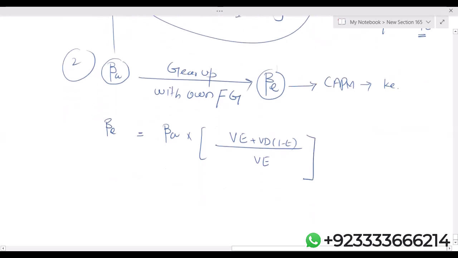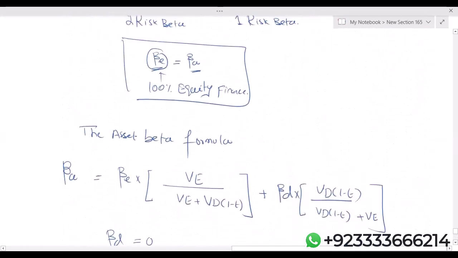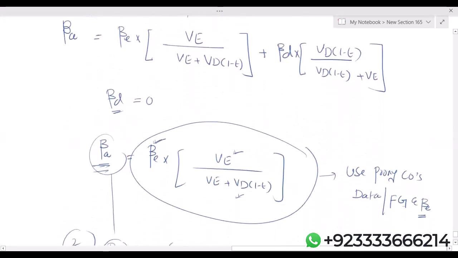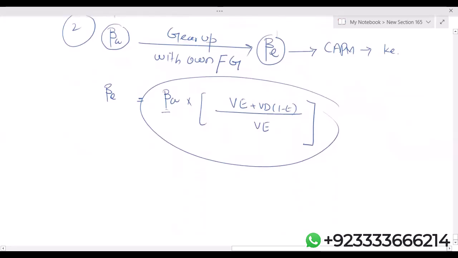Obviously, very easily, we can put all the values in a spreadsheet cell: beta asset, market value equity, market value debt. But please look at both the formulae. Both formulae, they are different. In the first one, the subject is beta asset. In the second one, the subject is equity beta.